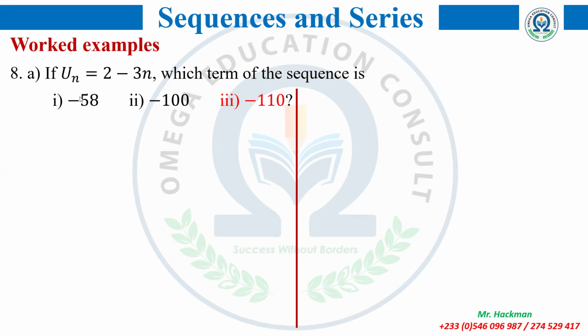I told you that the last term is the same as u sub n. So you equate the u sub n to the given number and solve for your n.